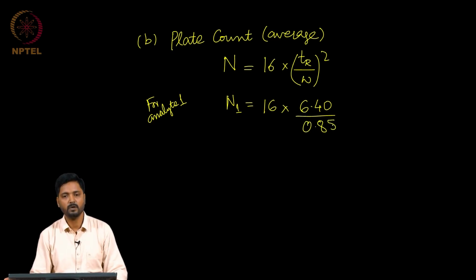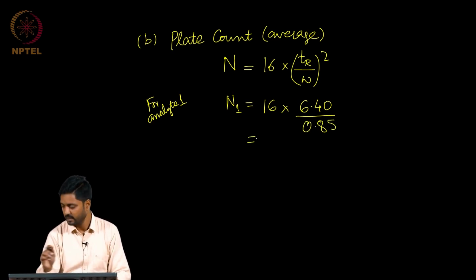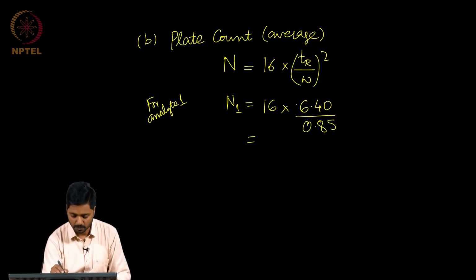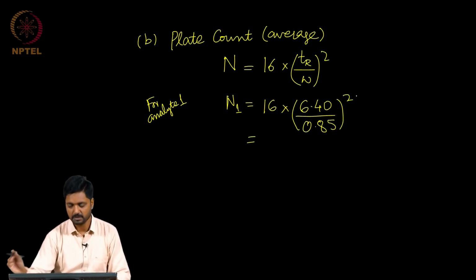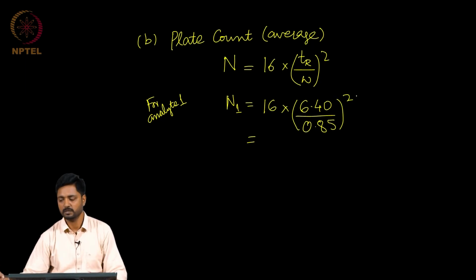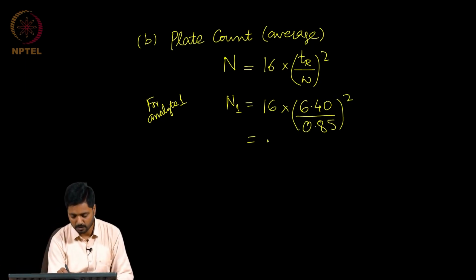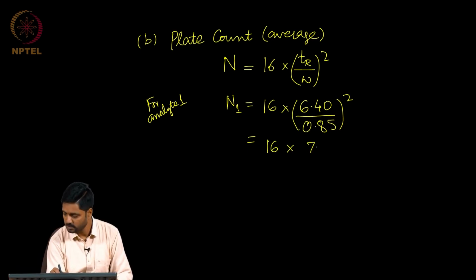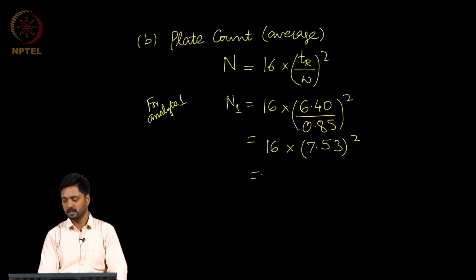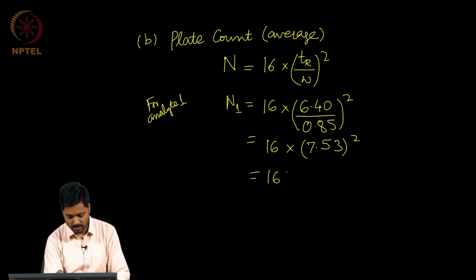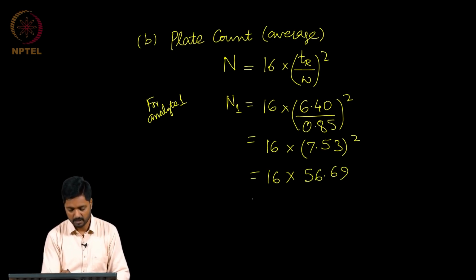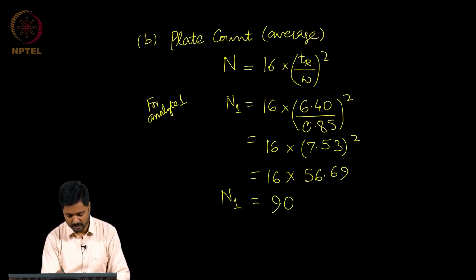By the way, this whole has to be squared because that is what the formula requires us to do. So, this solves out to 16 times 7.53 squared, and finally, this solves out to 56.69 times 16, and the N1 value comes out to be 907 rounded off.